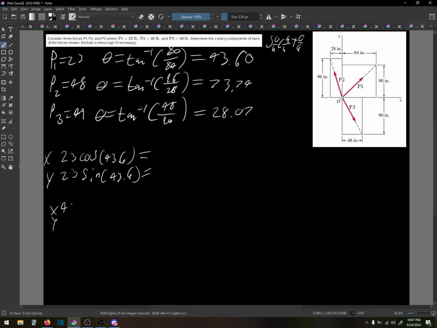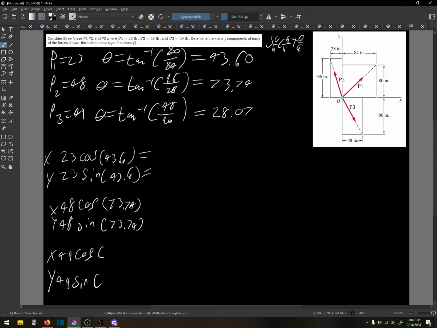So it's going to be 48 cosine, sine, and maybe 49 cosine, with 73.74 and 28.07.